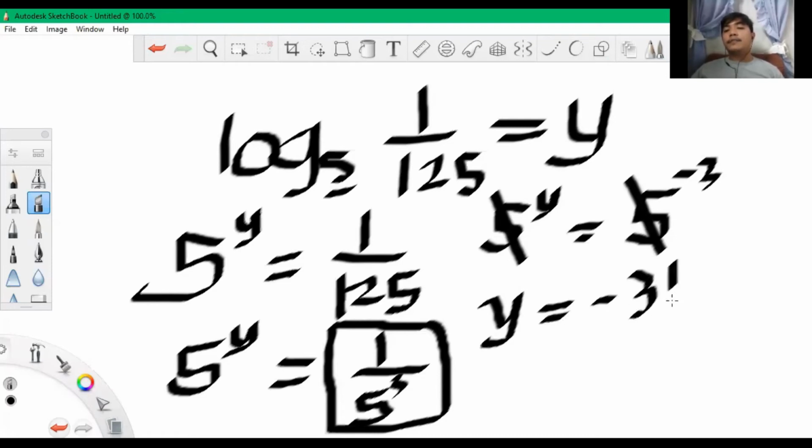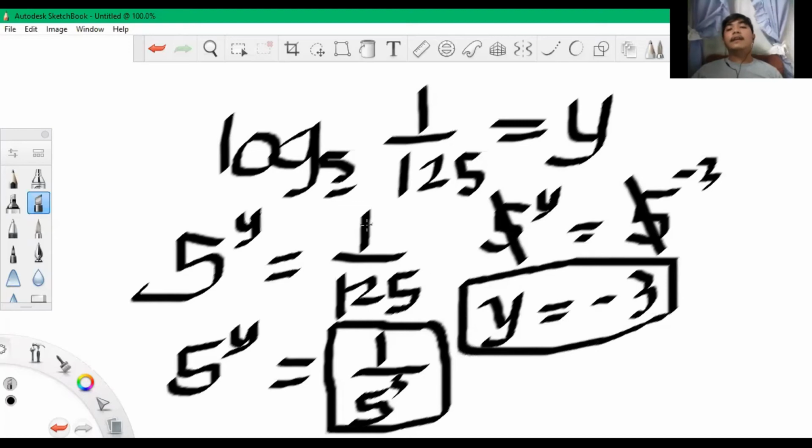Therefore, our exponent in this logarithmic form is equivalent to negative 3. Then, we can rewrite this logarithmic form into logarithm of 1 over 125 to the base 5 equals negative 3. So, the exponent of 5 should be negative 3 in order for it to be equivalent to 1 over 125.